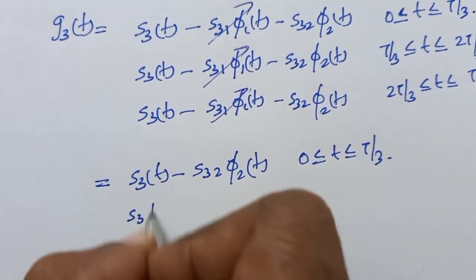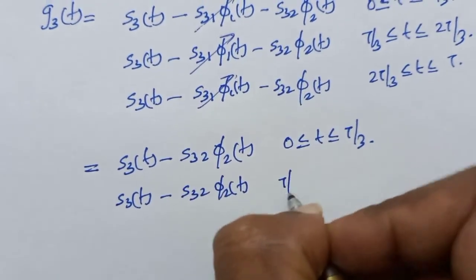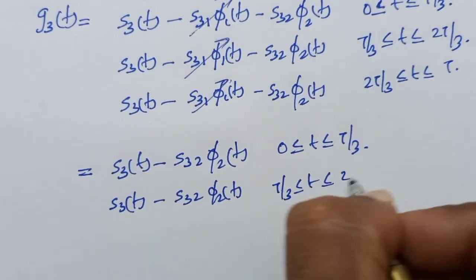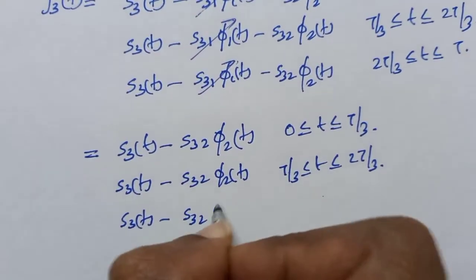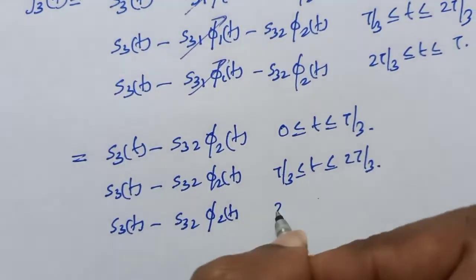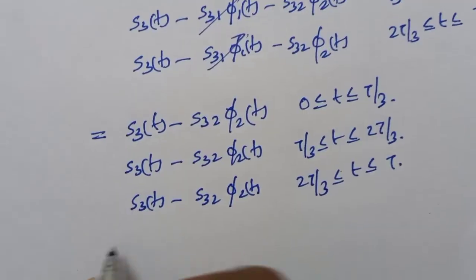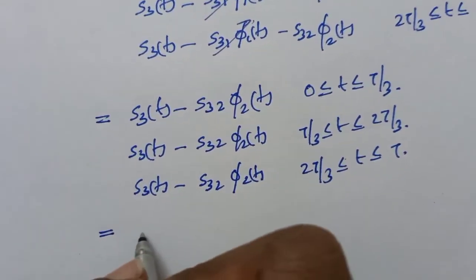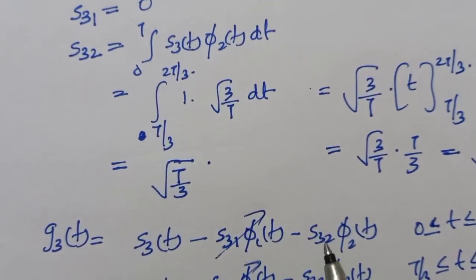Then s3(t) minus S32 phi2(t) from T by 3 less than or equal to t less than or equal to 2T by 3. Then s3(t) minus S32 phi2(t) from 2T by 3 less than or equal to t less than or equal to T. Okay. So this will be equal to: s3(t) is 1, minus S32. What is S32?